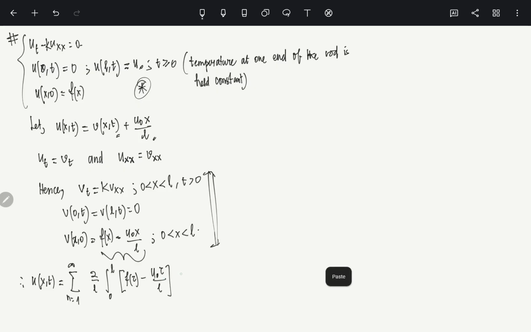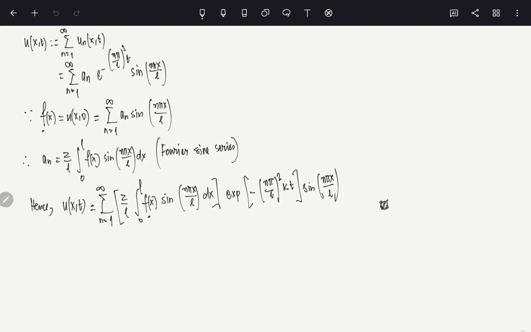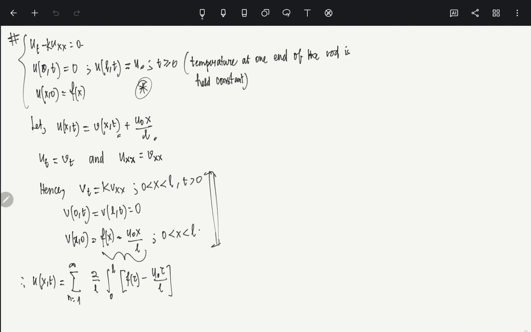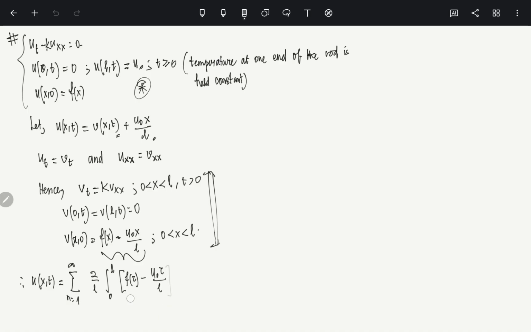Where is it? I have missed something, the sine part. Sorry, I did not write it. So this is sine of n pi tau by L, d tau.